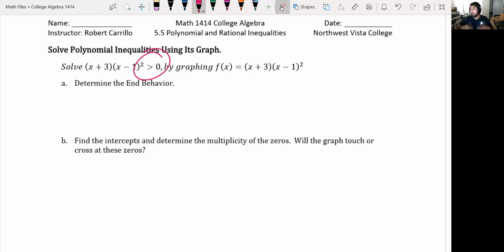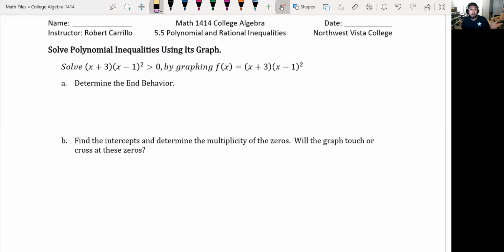And of course, it all depends on the inequality. It could be above the x-axis, below the x-axis, above or on, or below or on the x-axis. All right, so let's get started.